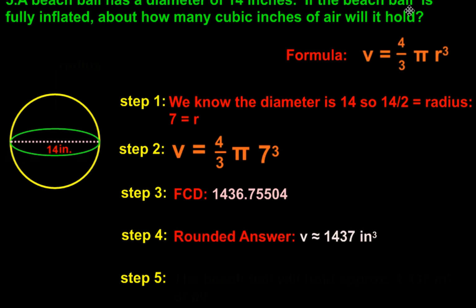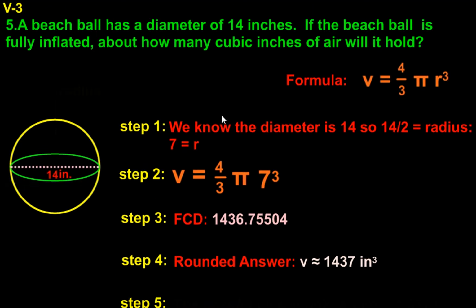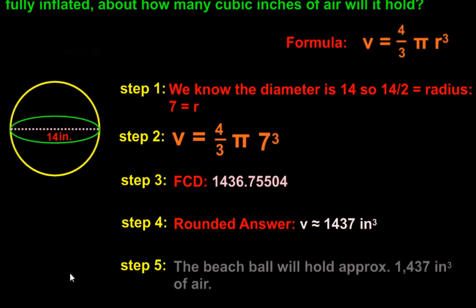So because of the type of answer we're looking for, it makes sense to round to the nearest one. And so in that point, the 7 is going to bump the 6 up to a 7. And so our rounded answer is going to be the volume is approximately 1,437 cubic inches. The last thing we need to do, because it is a word problem, is to put our answer in a sentence. The beach ball will hold approximately 1,437 cubic inches of air.